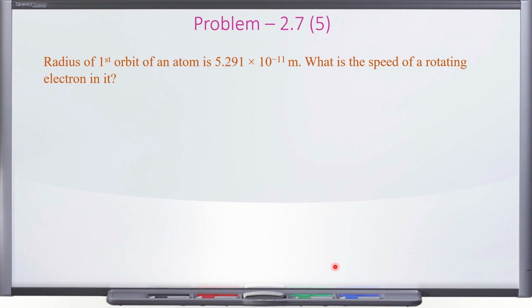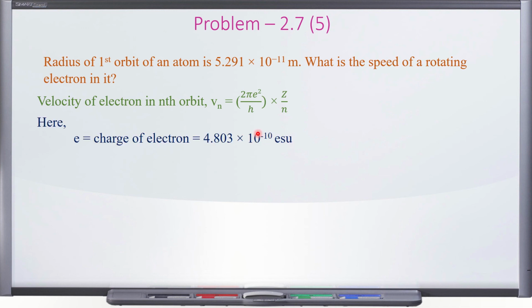Here look, the radius is given, so you can use the formula mvr equals nh by 2 pi, and from there you can find out the velocity of the electron by putting the value of the radius. Also you can use the other formula that we learned in this class. Velocity of electron in nth orbit, Vn, equals 2 pi e squared divided by h, into z by n.